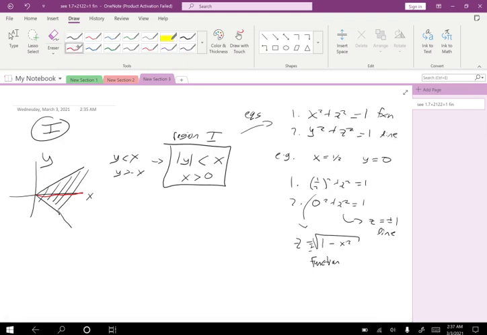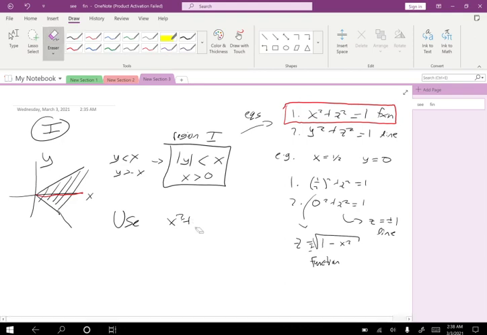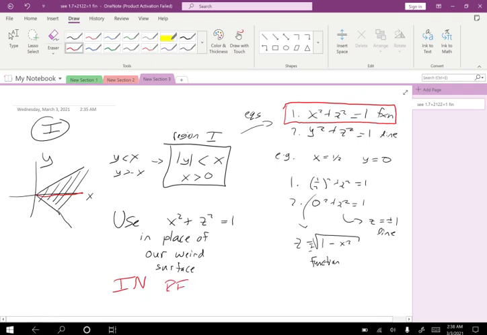So therefore, we'll use this one. So the switch for region 1 turned on the x squared plus z squared cylinder. So therefore, you can use x squared plus z squared equals 1 in place of our weird surface in region 1.